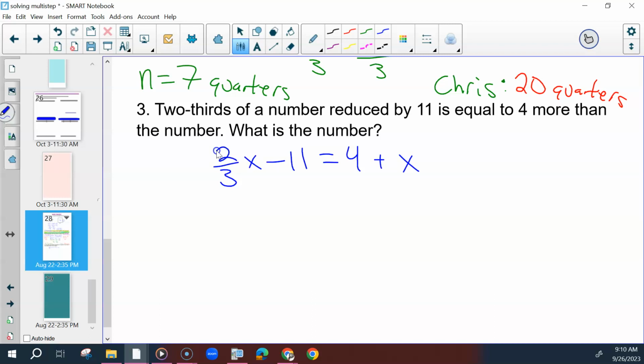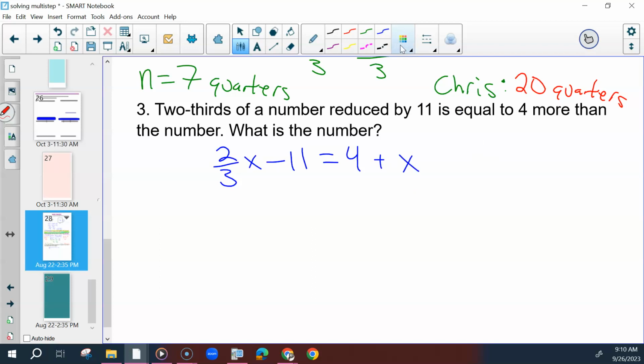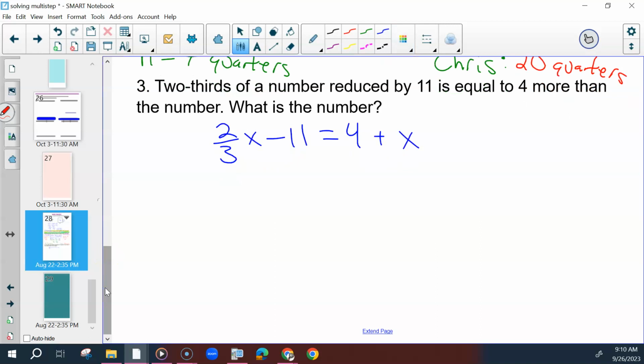I saw a bunch of different answers. There were different ways to solve this. Some of you went about getting rid of the fraction, some of you started moving things. So if we started to move things, what did we move first?